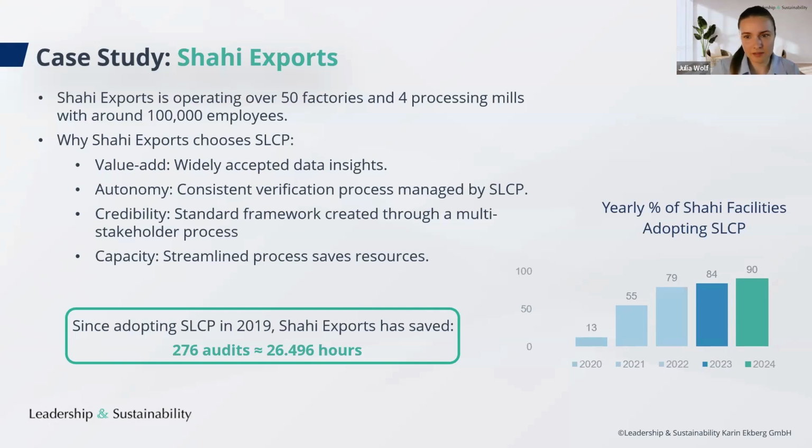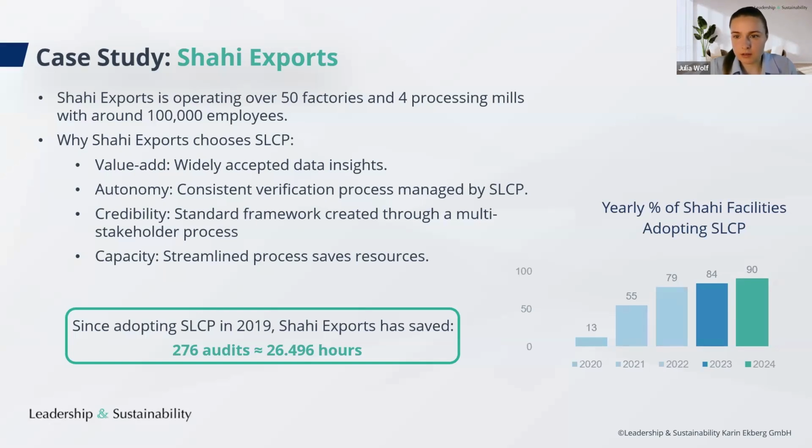Yeah, and they state that SLCP adds real value to their supply chain work, as it is widely accepted data, which can be compared, which can be collected in an easy manner, and avoids duplicate audits. Also, the autonomy is one key argument for SLCP for them, because the consistent verification process reduces dependence on multiple third-party verification bodies, I think.